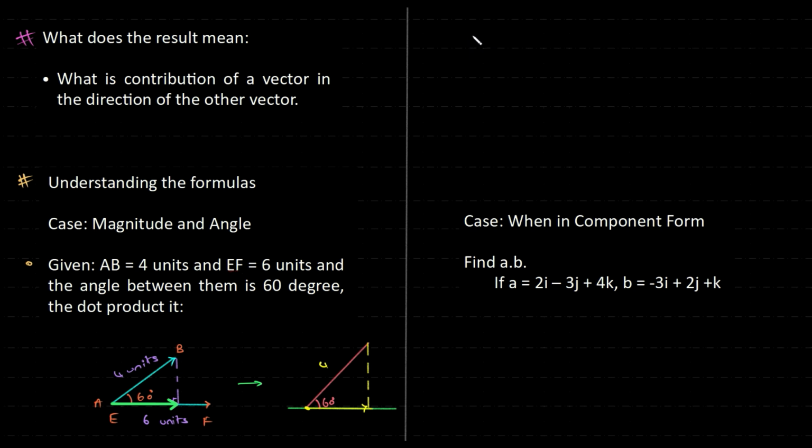So let me go with the formula itself. Vector AB dot vector EF is given by AB EF cos of theta. So AB is 4 units, this is 6, and this would be cos of 60 degrees. So this is half. So basically 12.